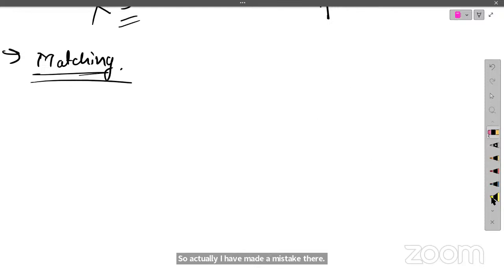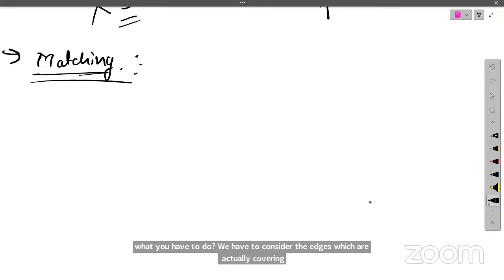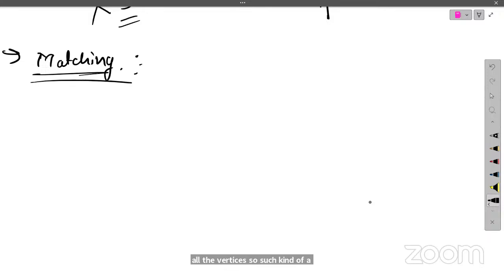Okay, yeah, sure. So what is a matching? So far we are just considering a subset of vertices. Now we have to consider the edges which are covering the vertices. Such a subset of edges is known as a matching. Let's define it formally.